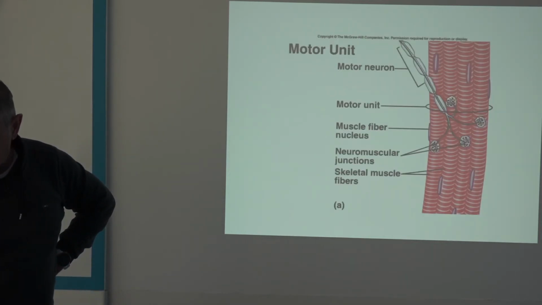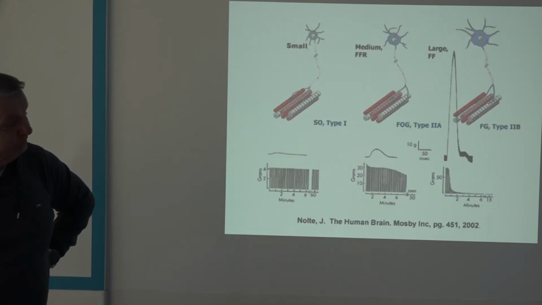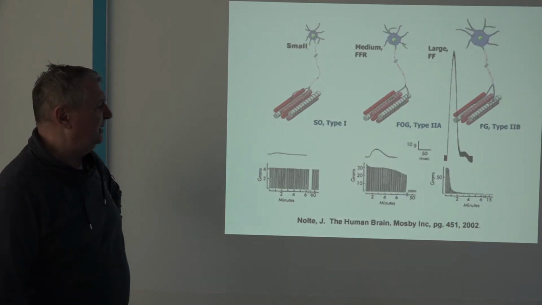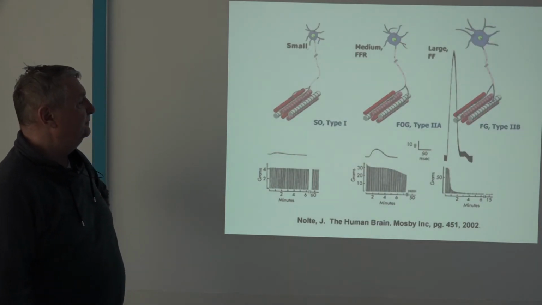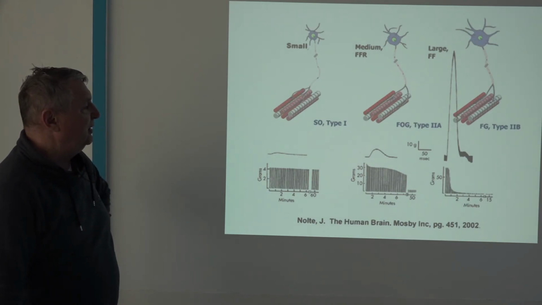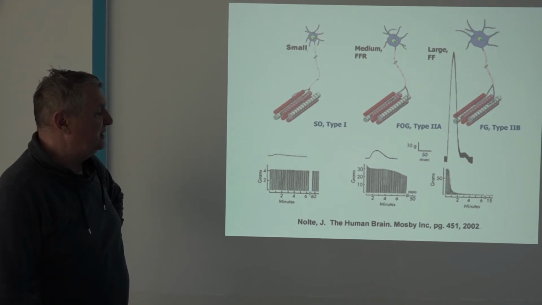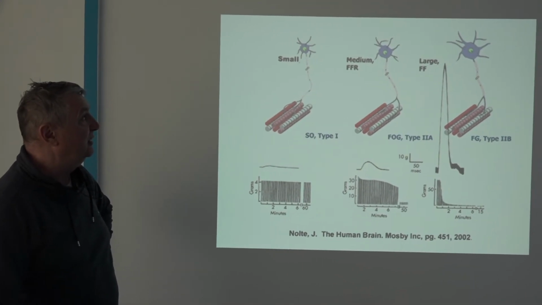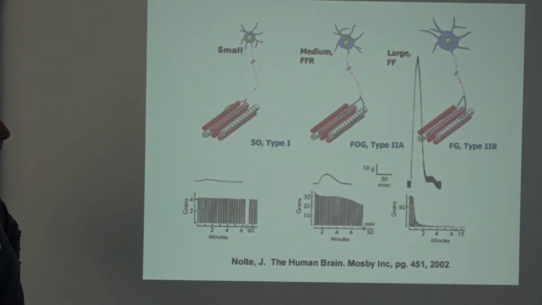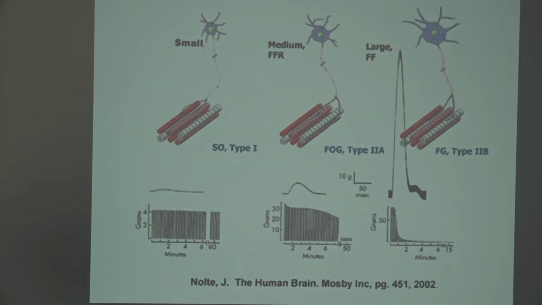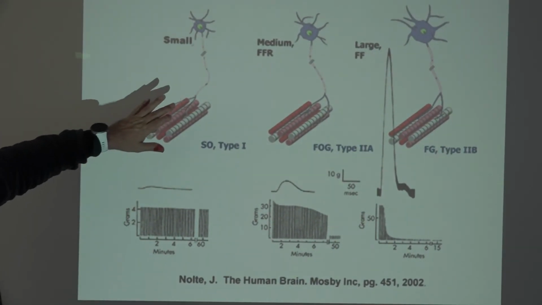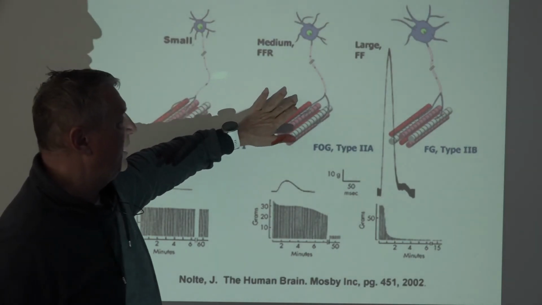We have two kinds of skeletal muscle. Three. We switch to motor units. So we have three kinds of motor units in the skeletal muscle, three kinds of motor units in humans, such as small, medium size, and large.